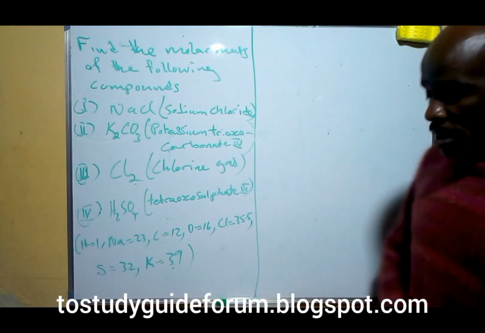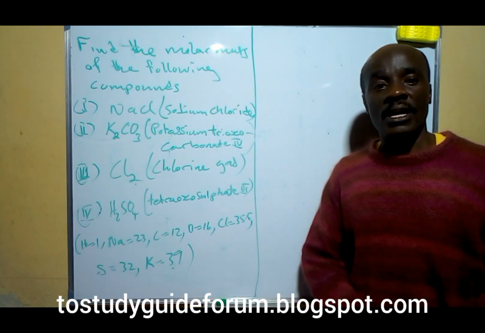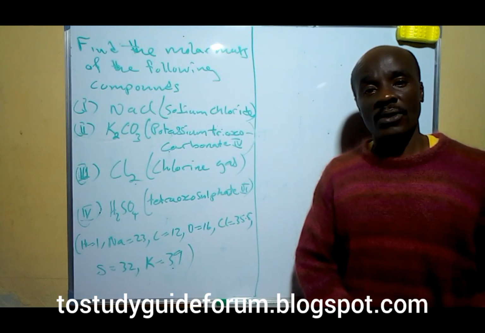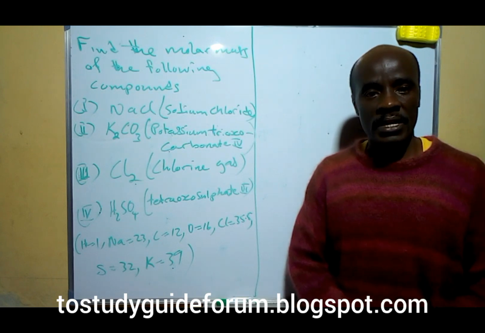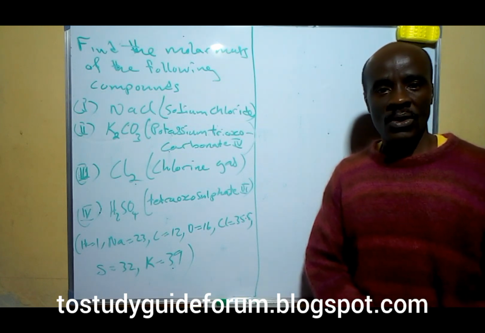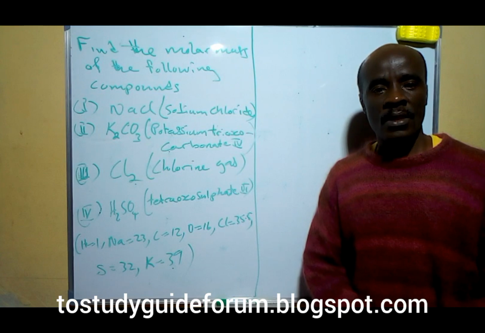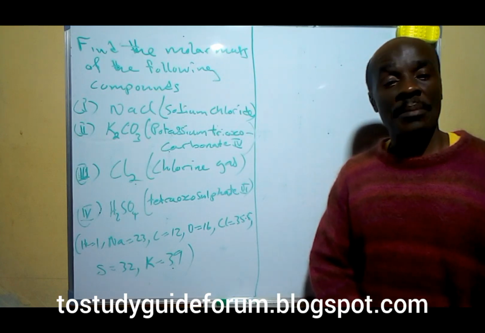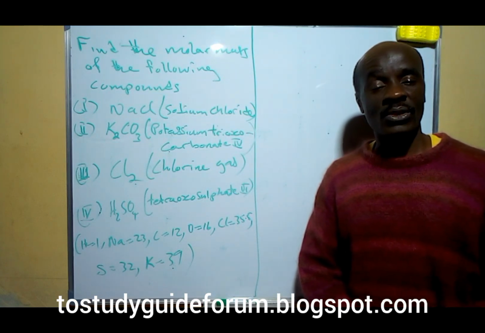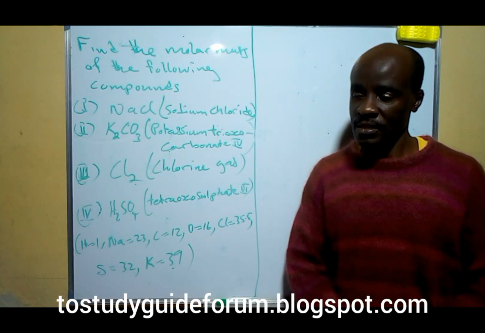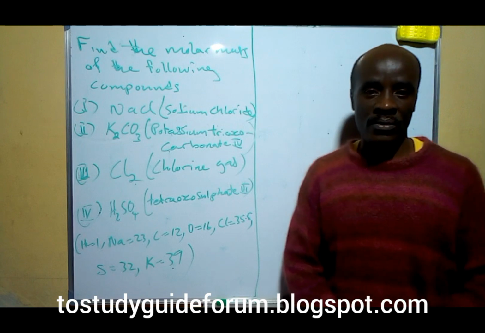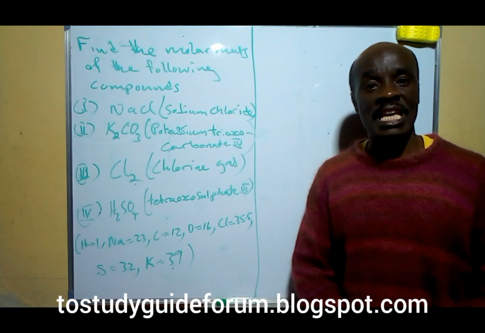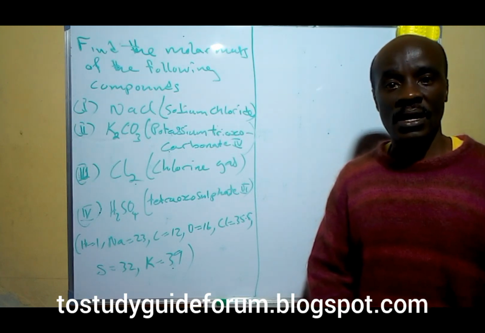Today we'll be learning how to calculate the molar mass of a substance. The molar mass of any substance is the mass of 1 mole of that substance expressed in grams.